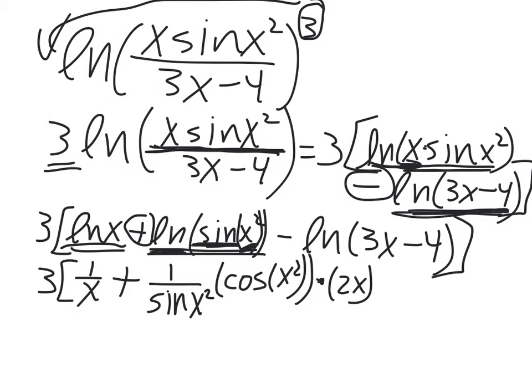And then finally this last one. Derivative of the natural log of this quantity: 1 over the inside, times 3, the derivative of the inside. Derivative of 3x minus 4 would be the 3.